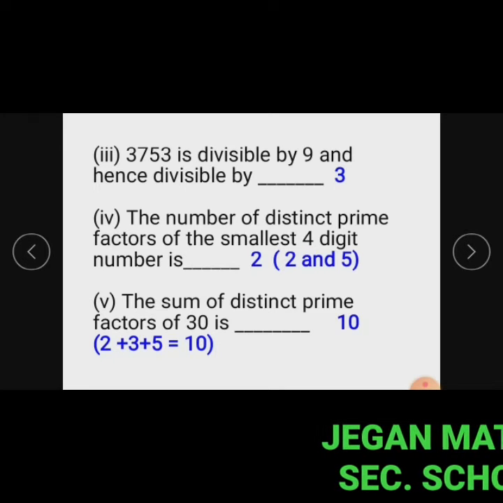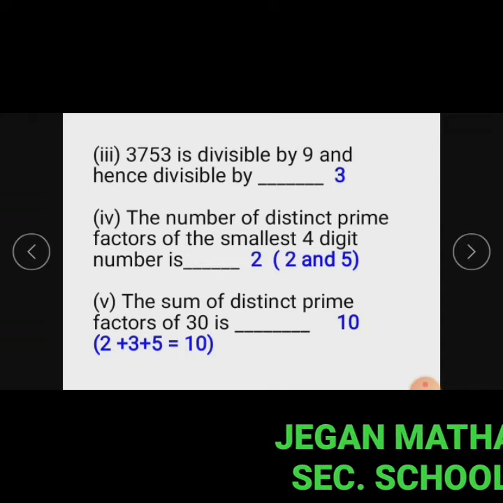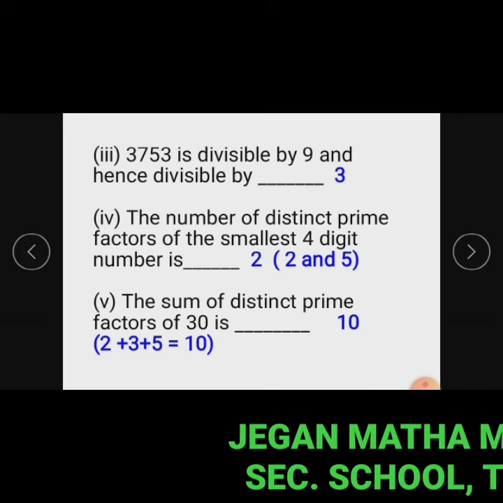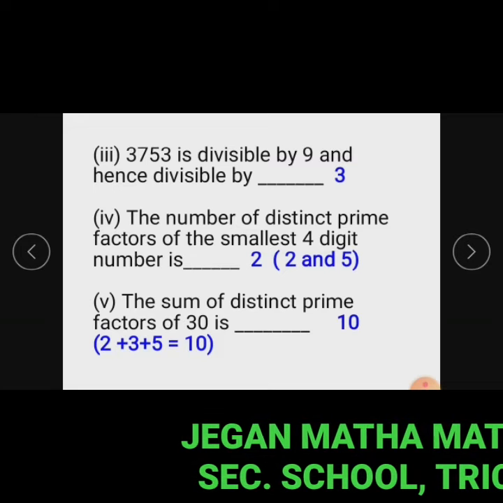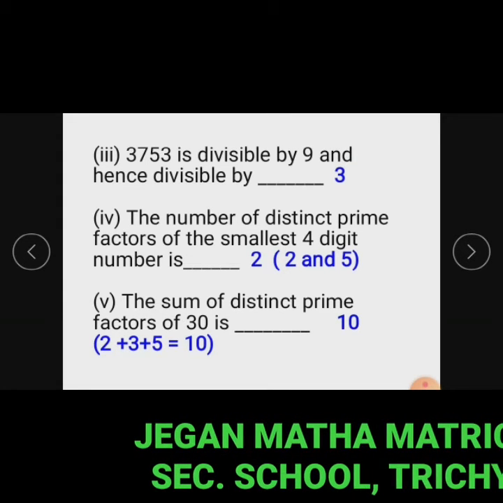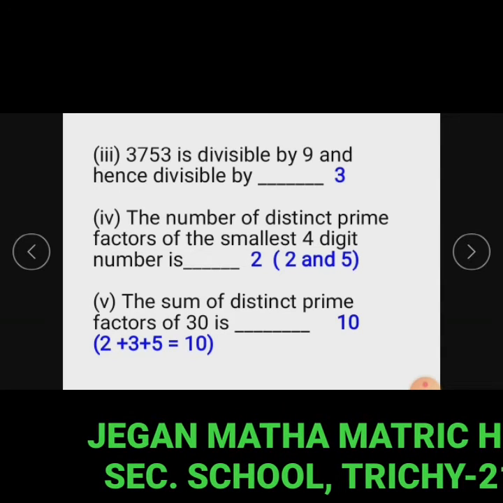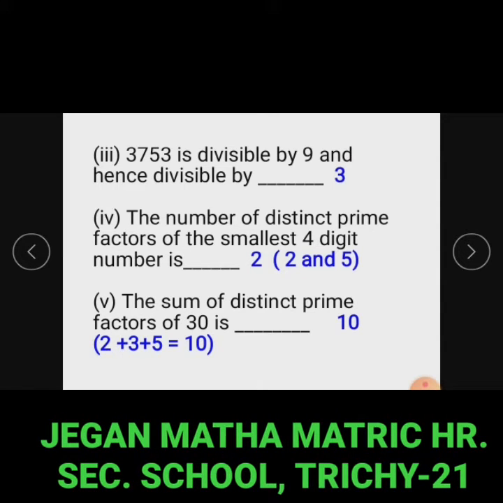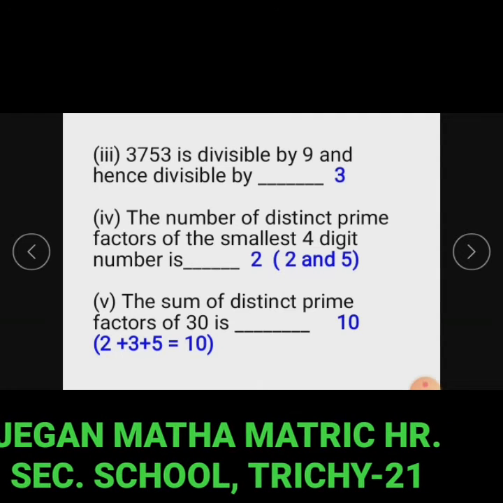The factors of 1000 are 1, 2, 5, 10, 20, 25, 50, 100, 200, 250, 500 and 1000. Among these factors, 2 and 5 are prime numbers. So the answer is 2 and 5.